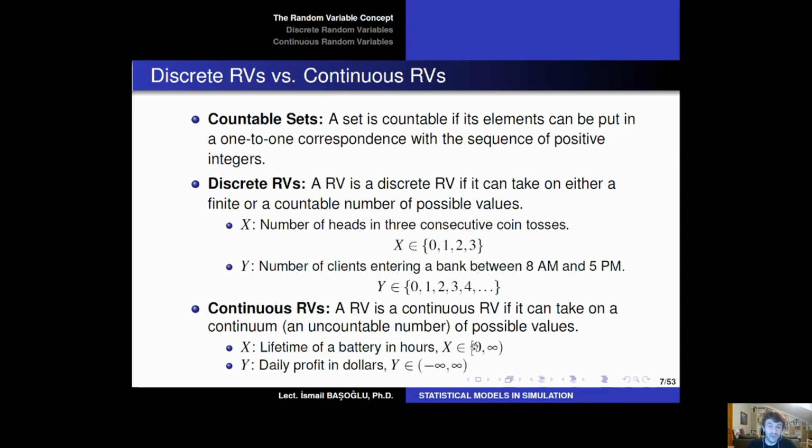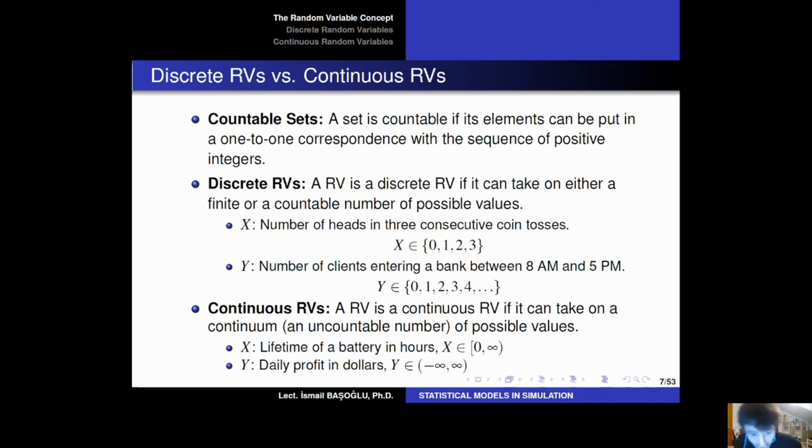So it can work for 0 hours, maybe it has already been exhausted, or theoretically we cannot put any upper bound for its lifetime, so we do not know how much energy it has, or we do not know in which type of device we are going to test it.